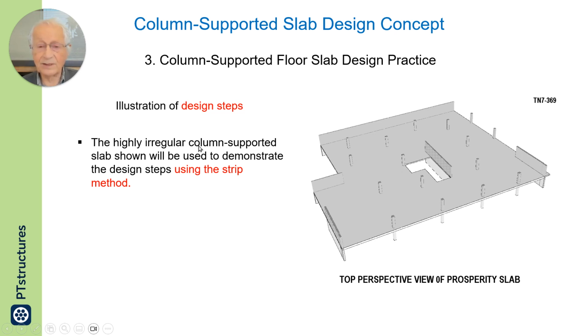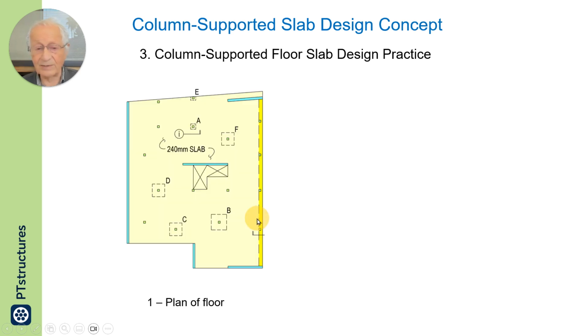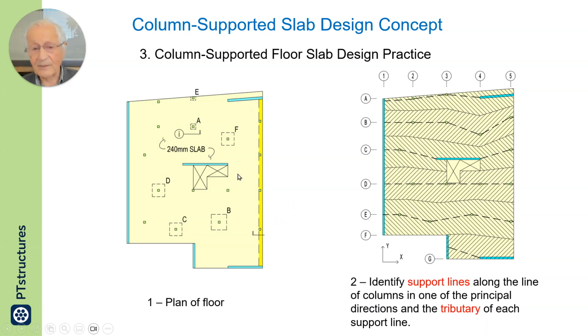The highly irregular column supported slab shown will be used to demonstrate the design steps using the strip method. In this example, the columns do not line up and are not along an orthogonal array of columns.